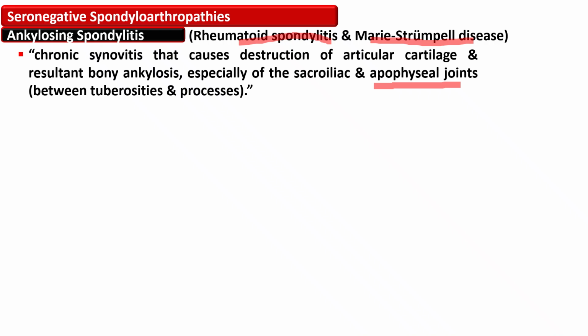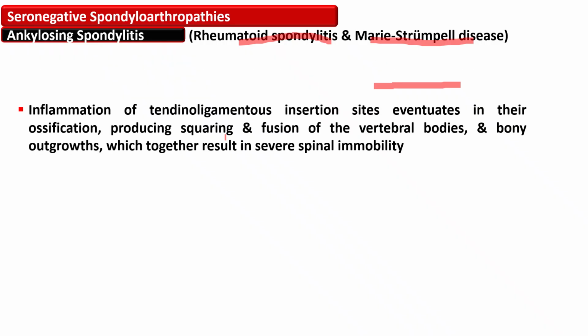If there is inflammation of tendon and ligament insertion, it results in ossification and produces squaring and fusion of the vertebral bodies and bony outgrowths, which together result in severe spinal immobility.